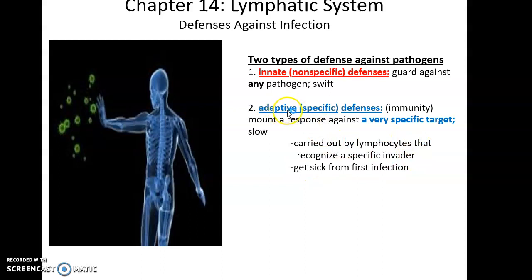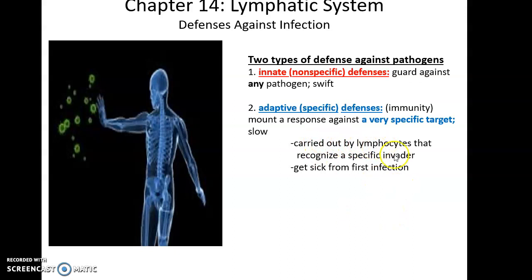And then we also have adaptive defenses, also known as specific defenses. This is often what people talk about when they talk about having immunity, when our adaptive defenses are turned on against that very specific target. So our adaptive defenses will lead to an attack against a specific pathogen, hopefully giving us immunity, but at the very least destroying the pathogen so that we no longer suffer from the disease.